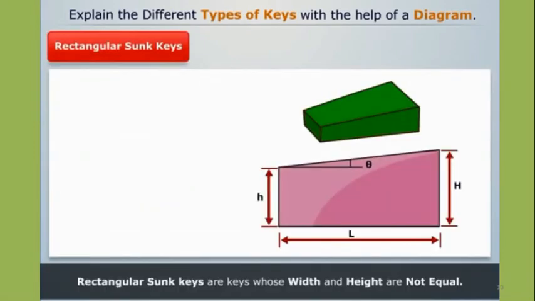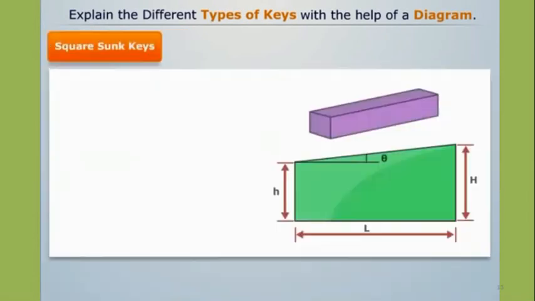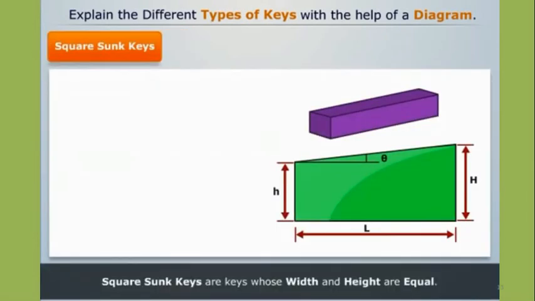Rectangular sunk keys are keys whose width and height are not equal. Square sunk keys are keys whose width and height are equal.